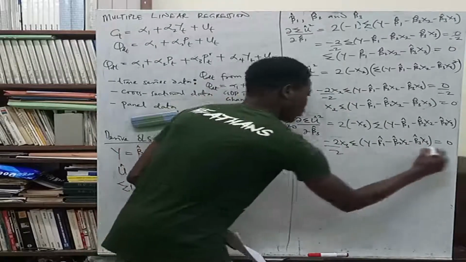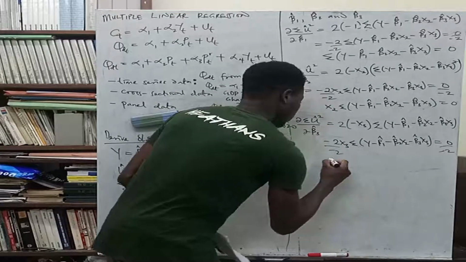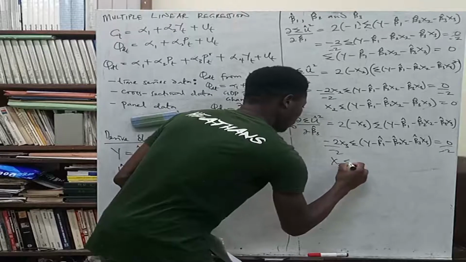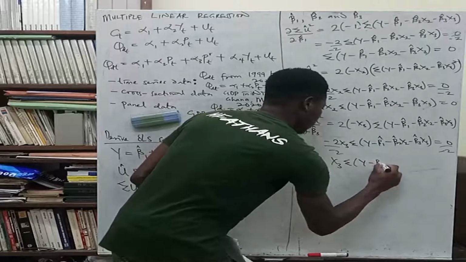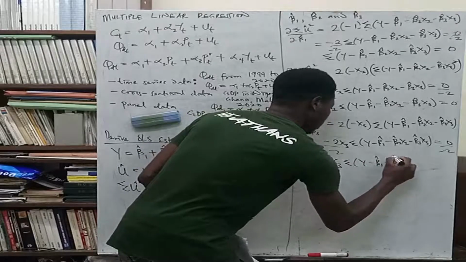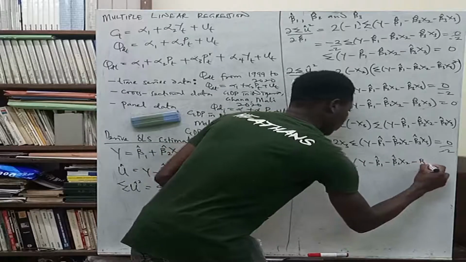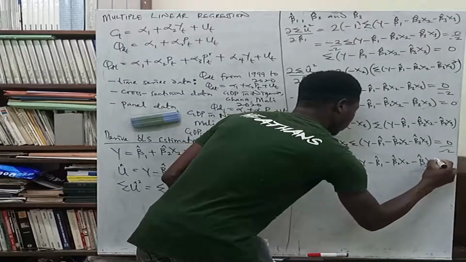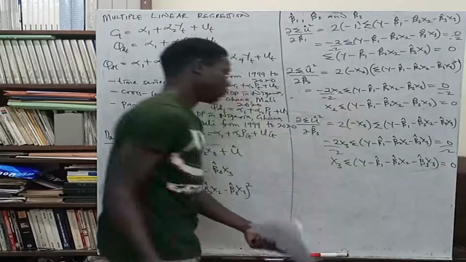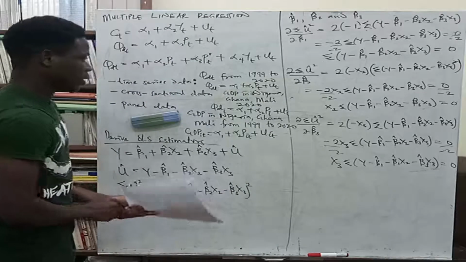So we divide, we're left with x3 summation y minus beta 1 minus beta 2 x2 minus beta 3 x3 equals 0.